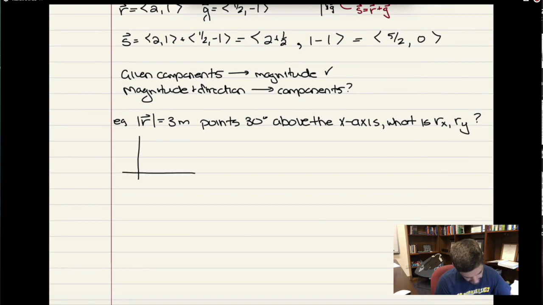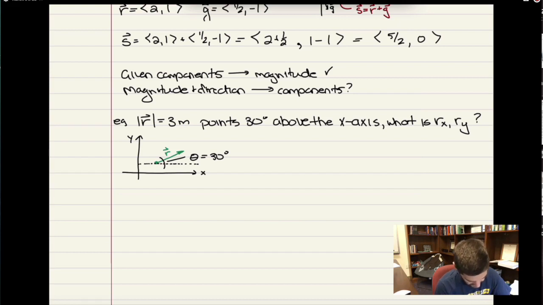So let me lay down my coordinate system. Here's x, here's y. And maybe the vector is something like this. Maybe this is r. And again, what is this saying? This is saying that this angle here is positive 30 degrees with respect to the positive x-axis.